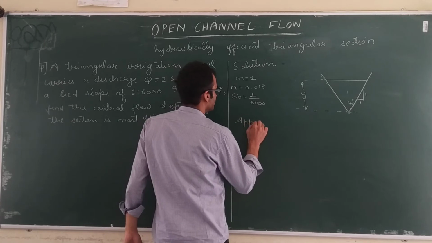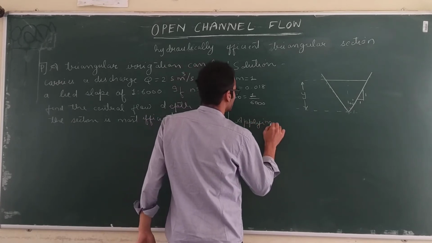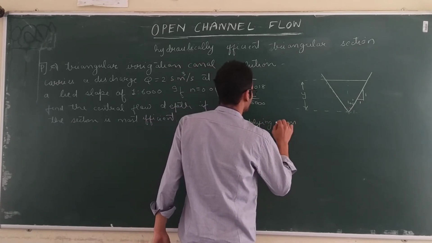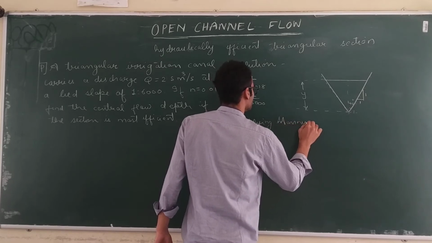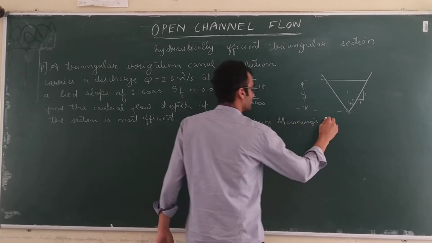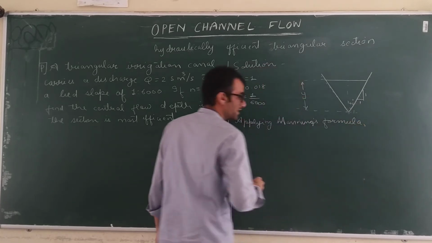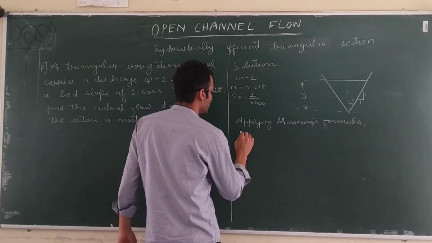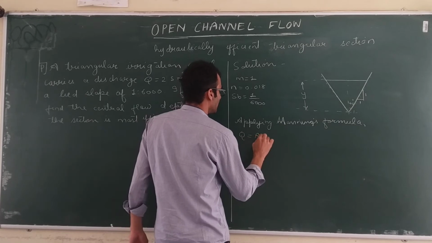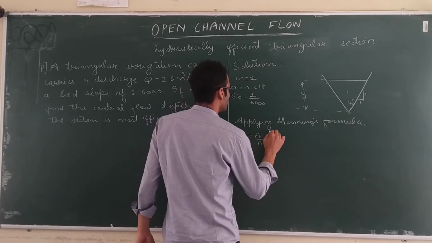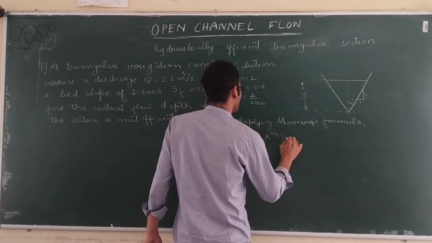So applying Manning's formula, we can find the depth. Yes, we can, because then your discharge will be A by n R to the power 2 by 3 S_b to the power half.